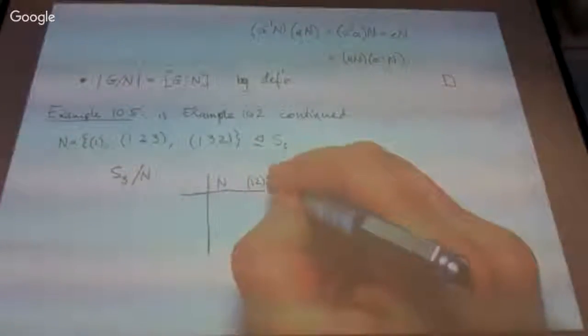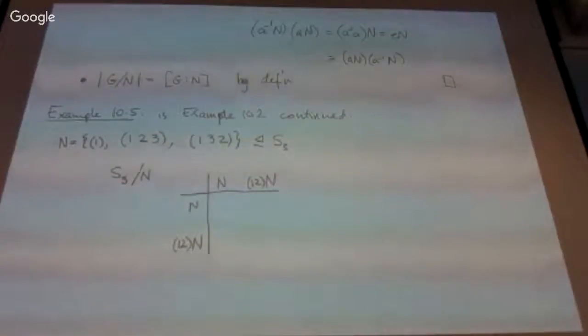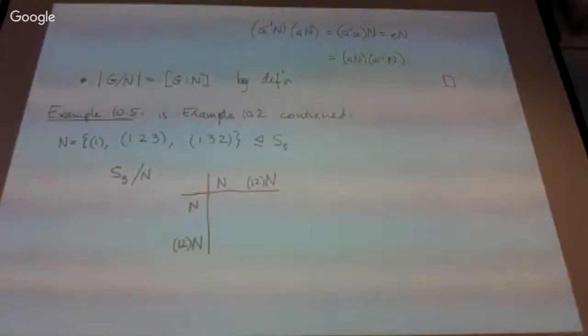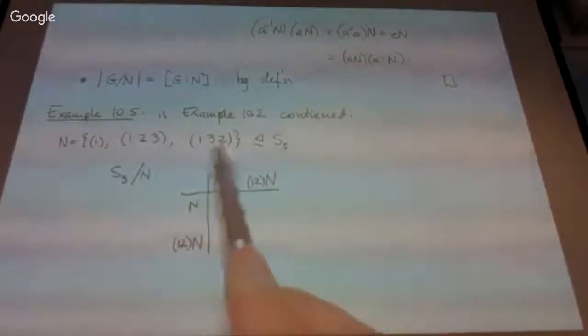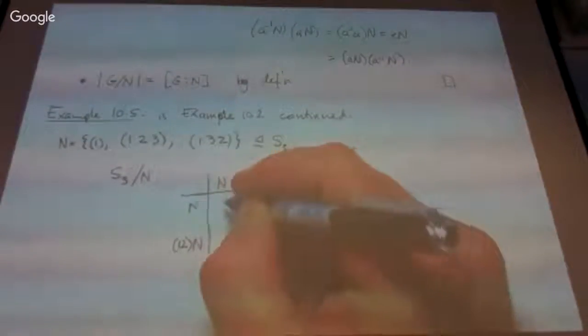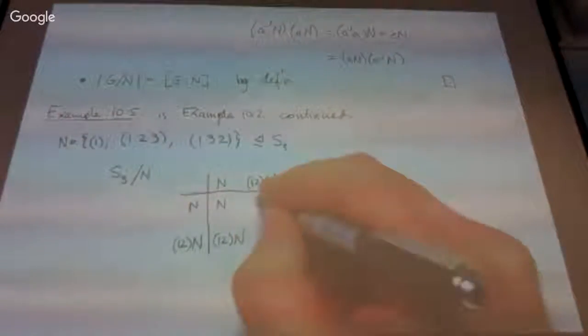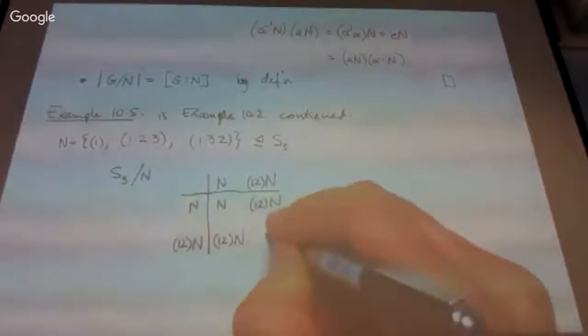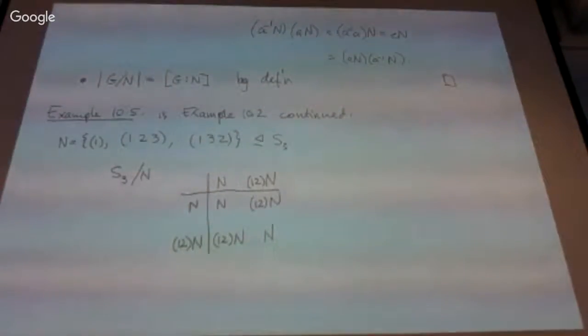Well, actually, all the transpositions are in it. So N times N has to be N, and this is just this, and this is just this. Okay, so it's not much of an example.